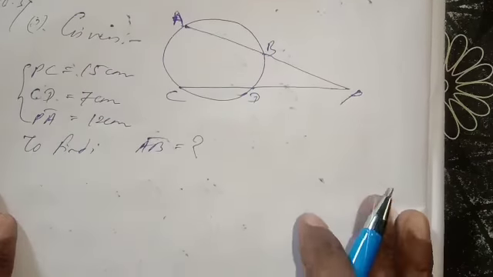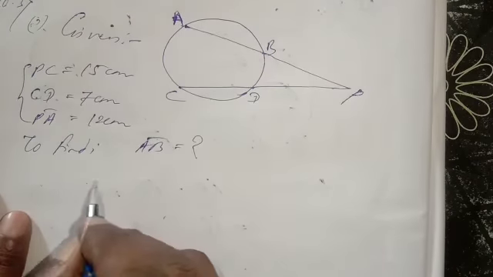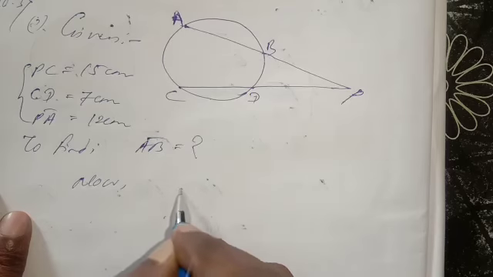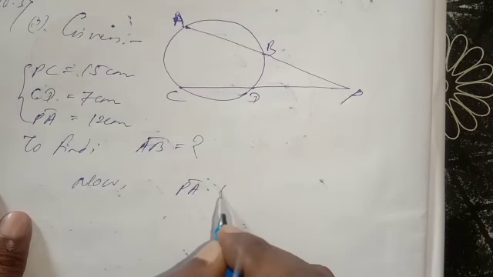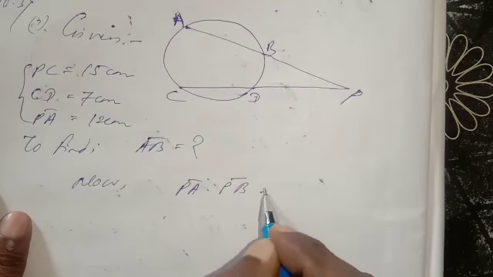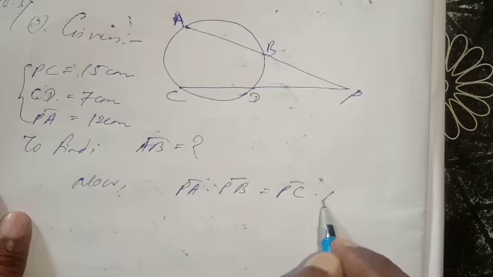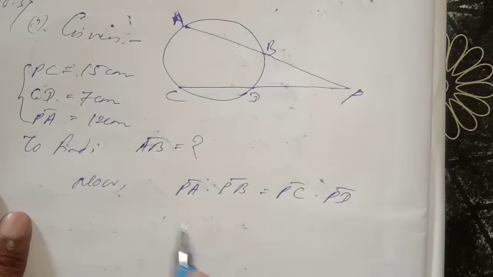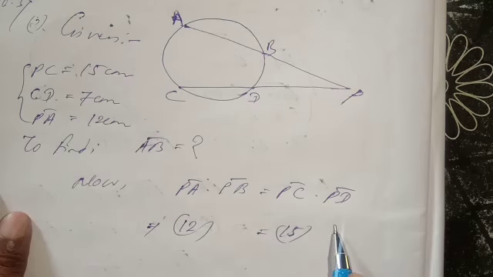Whenever two chords intersect internally or externally, as per the property, PA into PB is equal to PC into PD. Here PA is given 12 centimeter, PB is not given, and PC is 15 centimeter, and PD will be how much?